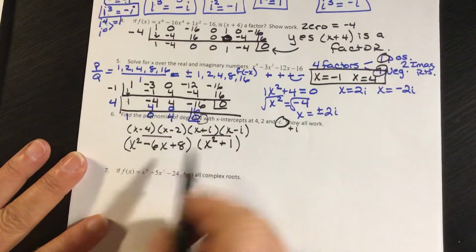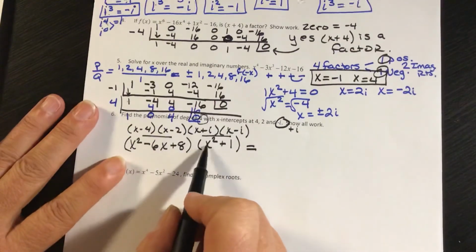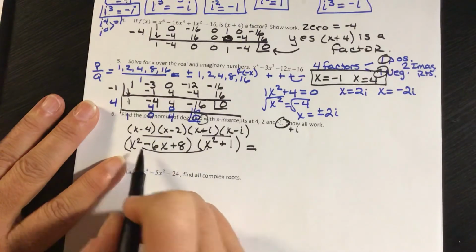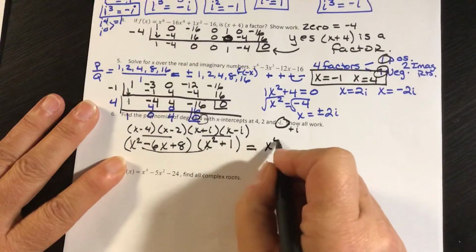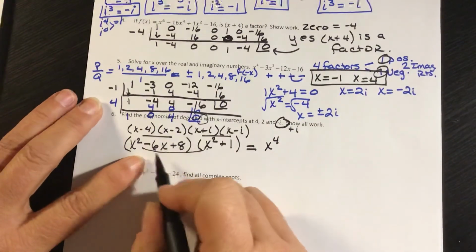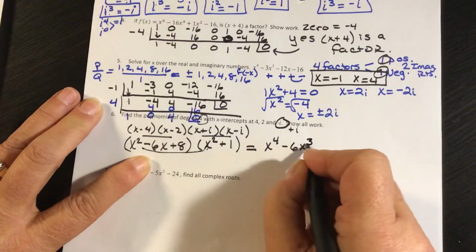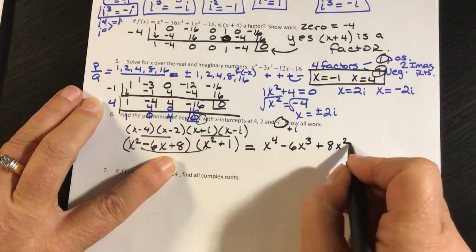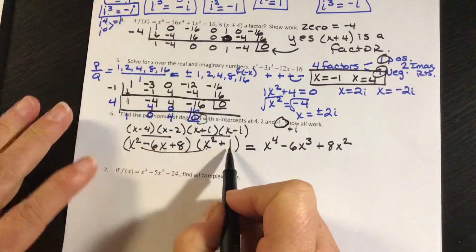So now I need to multiply these factors together, and I'm going to do FOIL. And I like to multiply with the binomial first. So I'm going to multiply x squared times x squared, and I get x to the 4th. x squared times -6x is -6x to the 3rd. x squared times 8 is plus 8x squared. And now I'm going to go and multiply each of these 3 by 1.